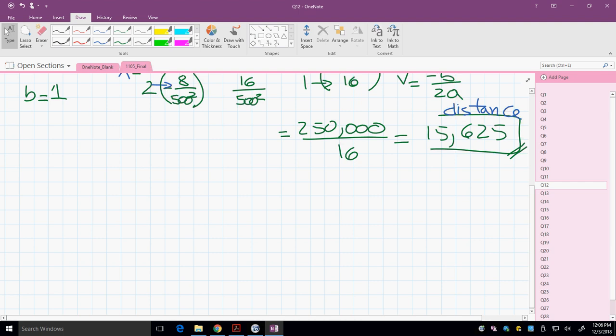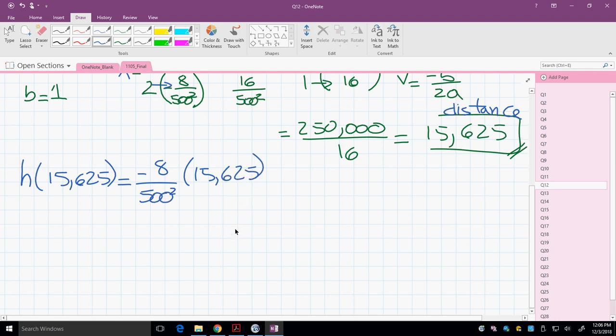If we have the original, it's here, h, and we're going to substitute the 15,625 for every x. Negative a, 500 squared, and here we're going to have the 15,625 squared plus 15,625 plus 1000.